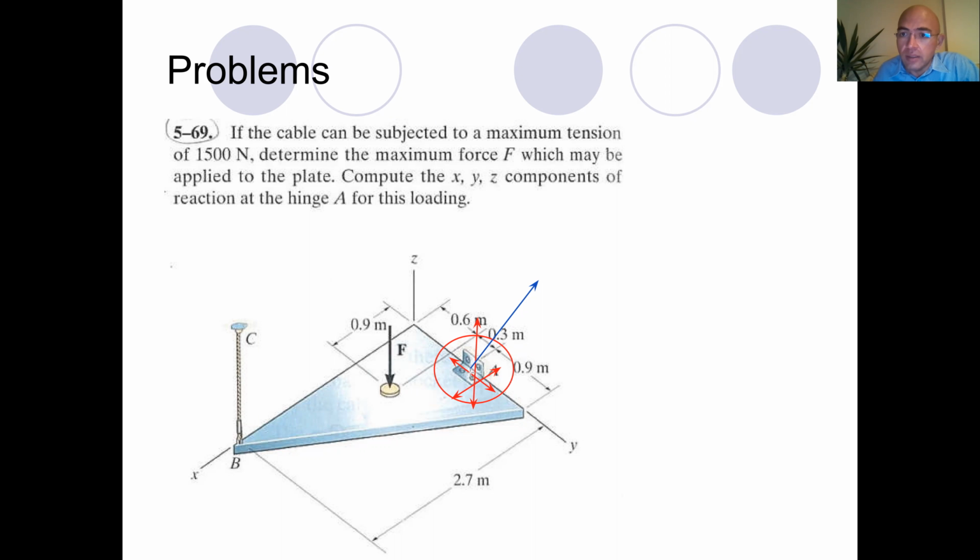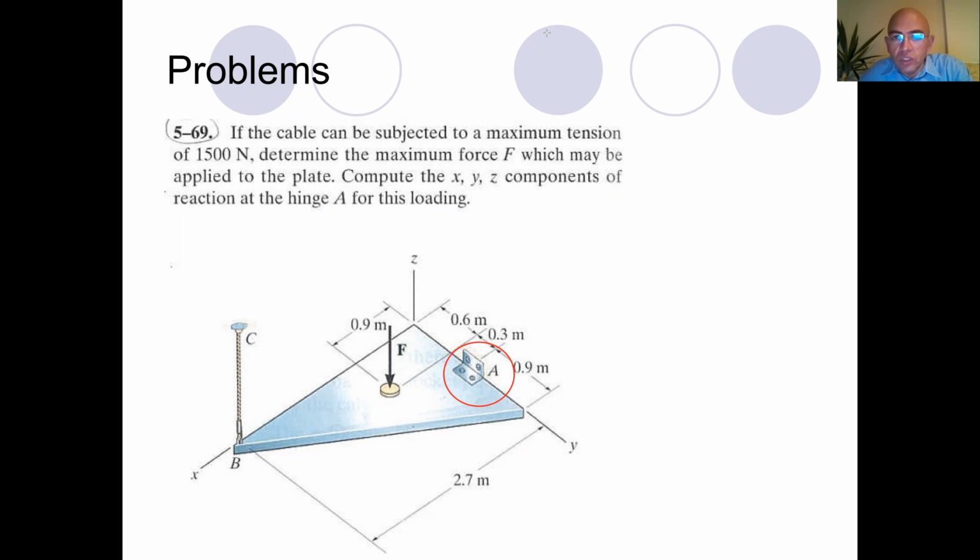So I can easily say that there is a reaction moment in z direction as well. But as you see, this plate can easily rotate around y. So there is nothing which restricts the rotation of the plate at point A. Therefore, I don't have a reaction moment in y direction.